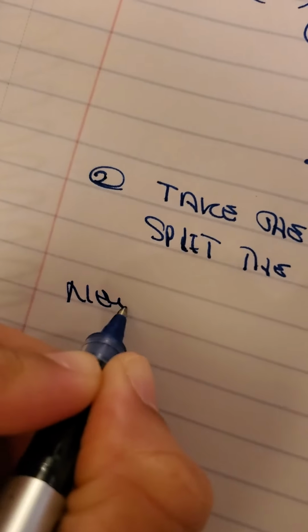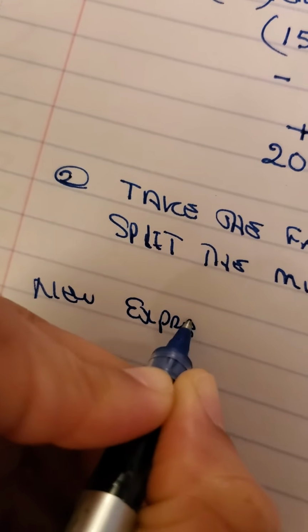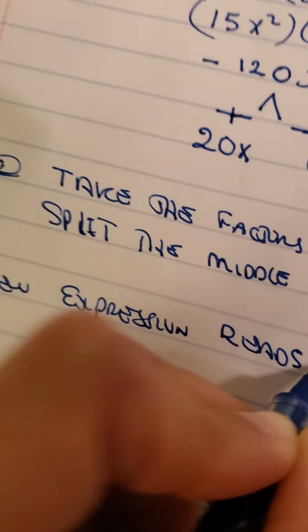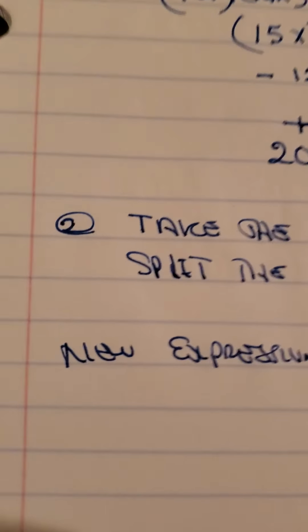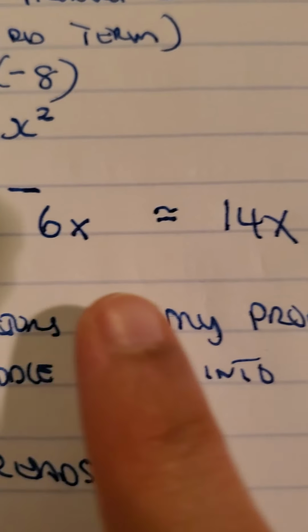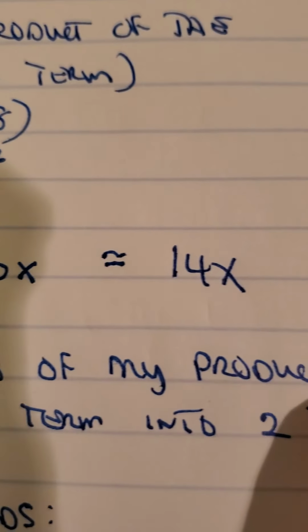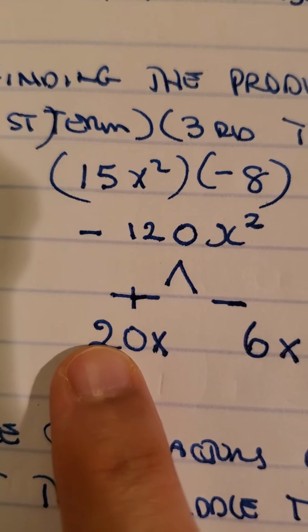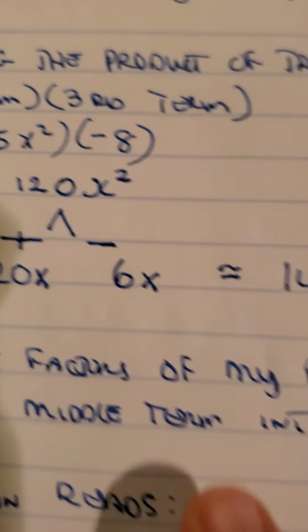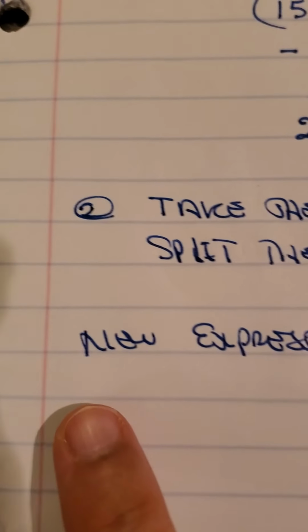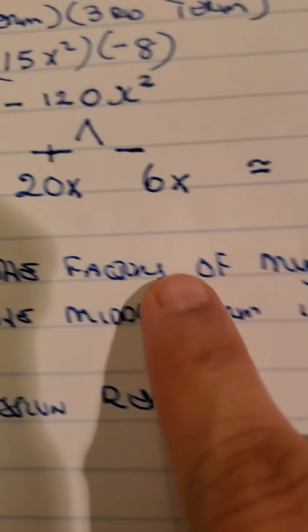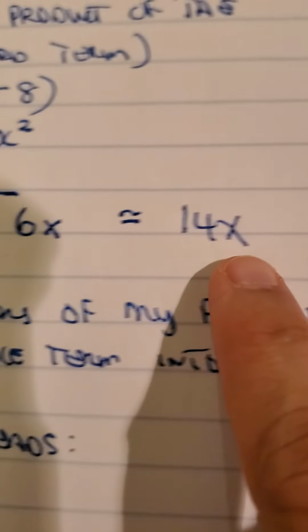So my new expression is going to read, so here I take the factors of my product, right? The factors of my product were positive 20x and negative 6x, and I split the middle term into two terms because we recognize that their difference is the middle term.